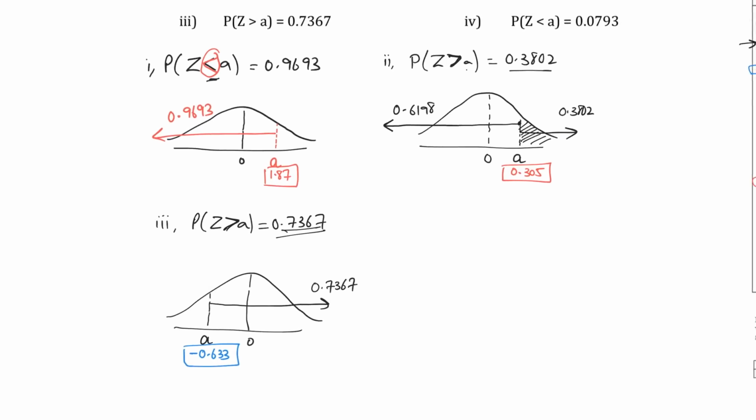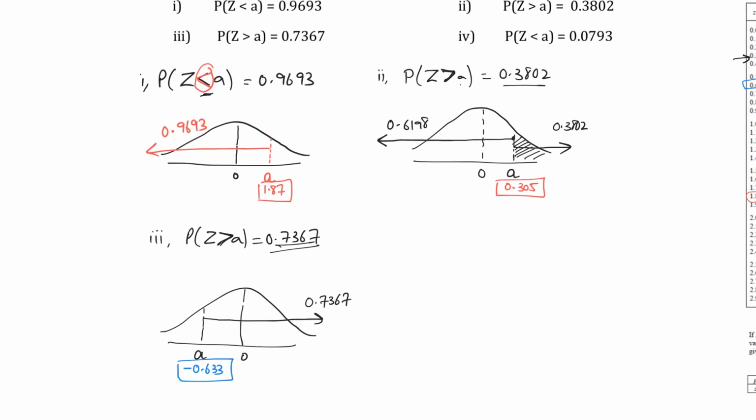Now finally the last part, which says the probability of Z less than A is 0.0793.